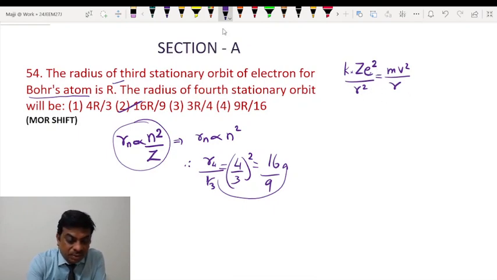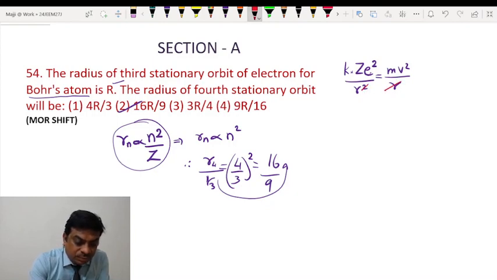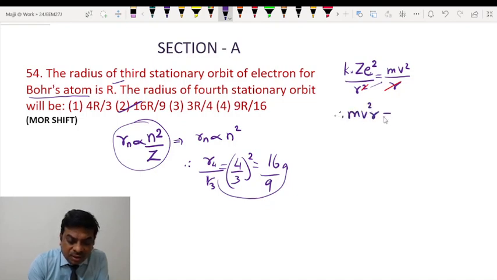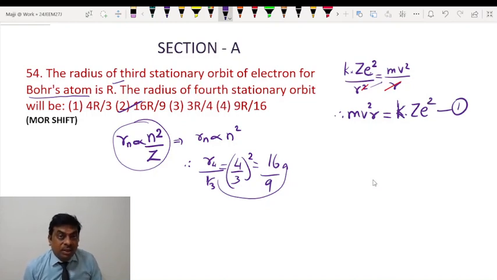So this is how you get it. So you cancel this r, and you take this r to this side. So one equation is mv square r is K, where K is 1 by 4 pi epsilon 0, Z e square. This is one equation, according to Rutherford's law.